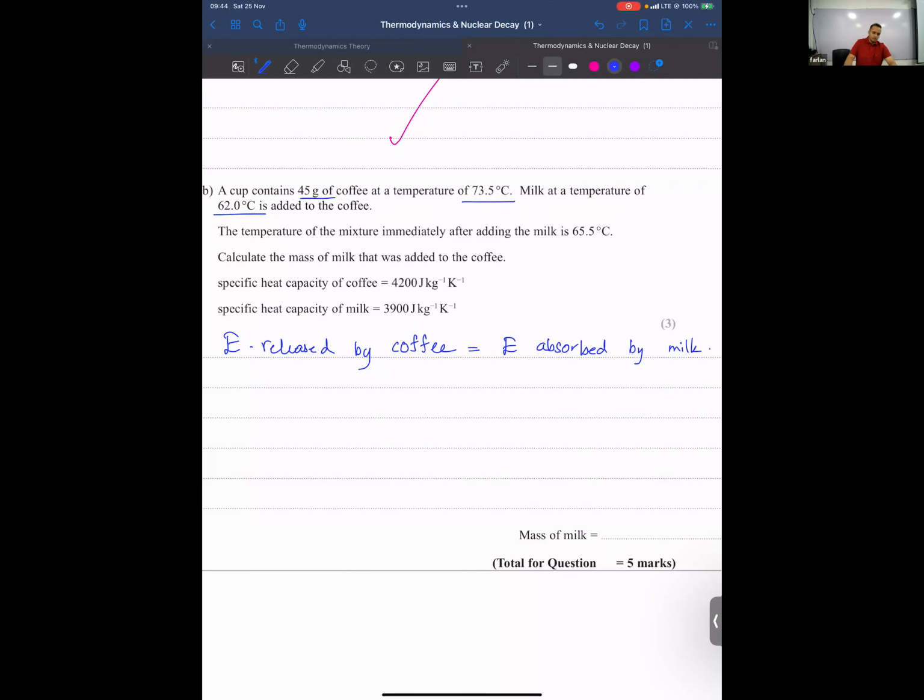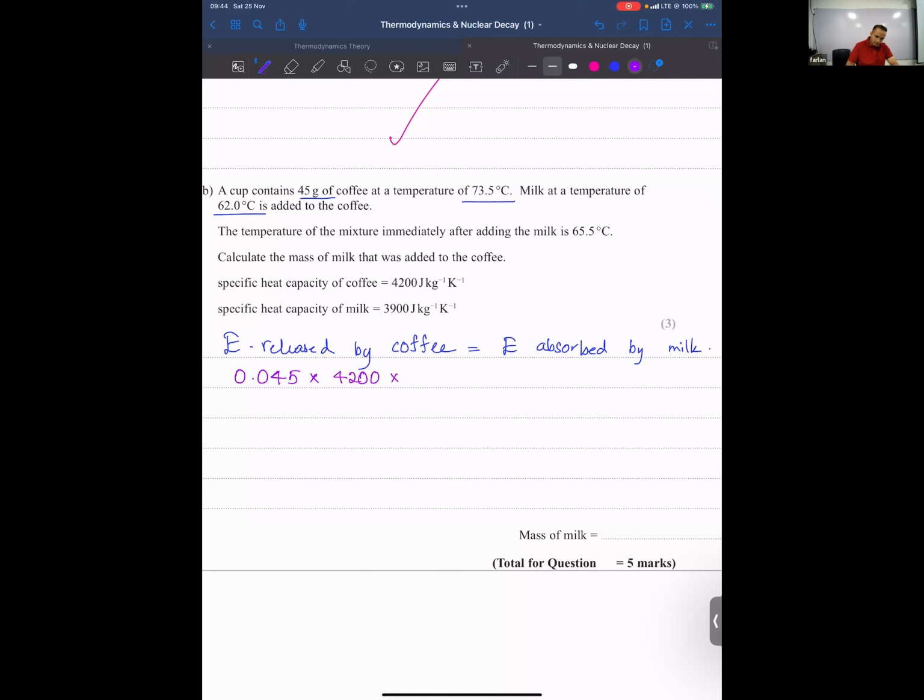Energy released by the coffee will be mcΔθ, where mass of coffee is 45 grams, which is 0.045 kilograms, and c, the specific heat capacity of coffee, is 4,200.